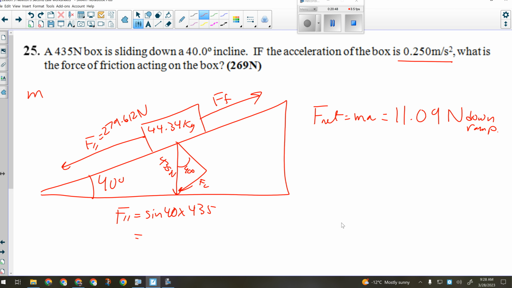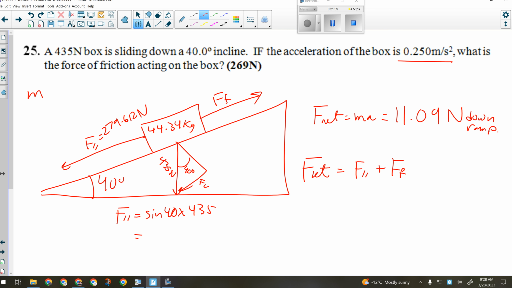Okay, how do I use that to get the force of friction? Emma. F parallel plus F friction is equal to the F net. F net is equal to the sum of all forces, right?